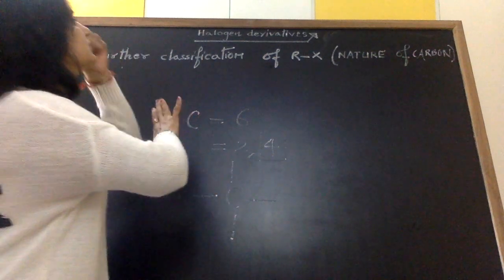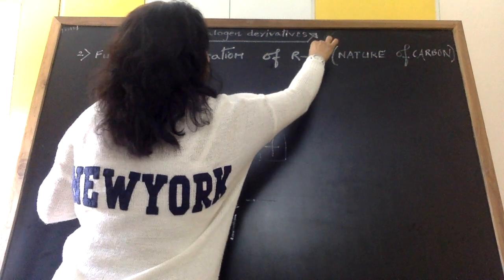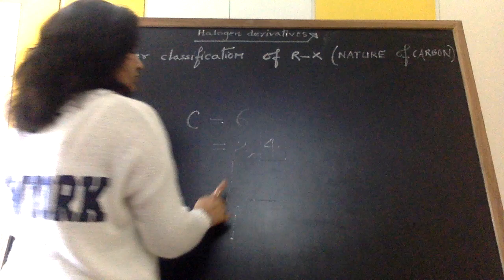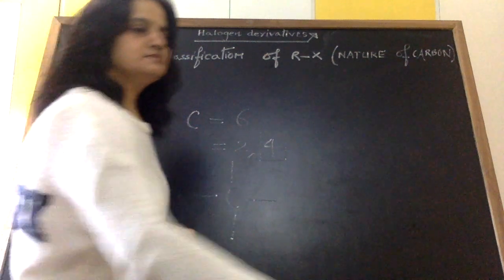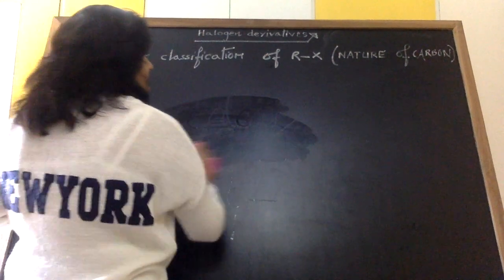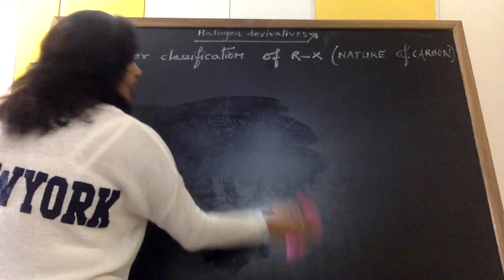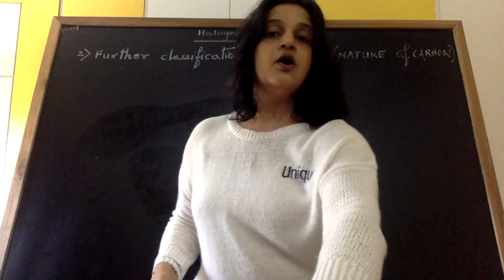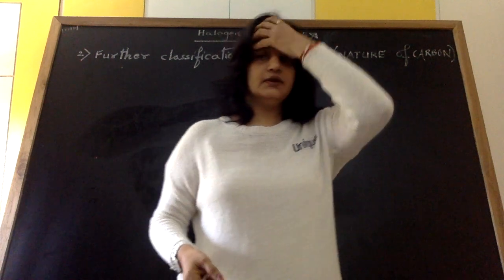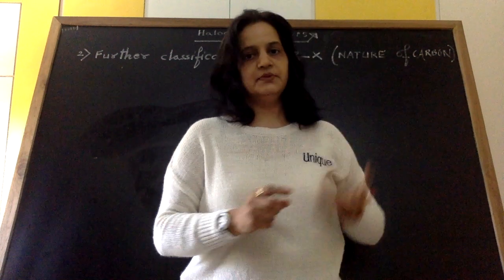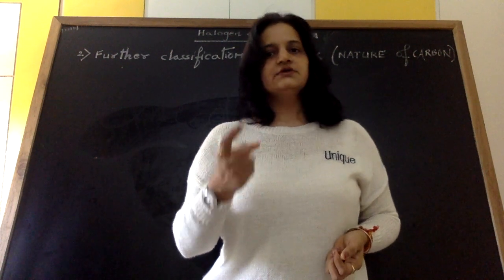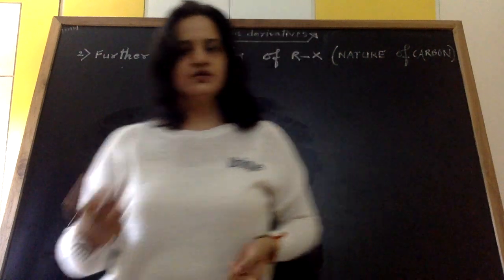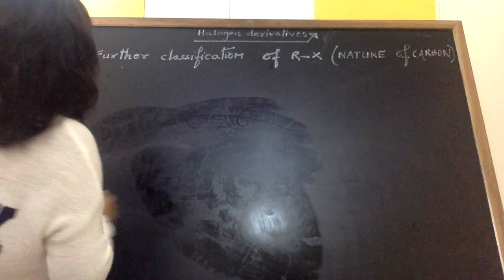So we will not have any halogen on a quaternary carbon. So on the basis of nature of carbon, how many types of alkyl halides will be there? We will have only 3 types: primary alkyl halide, secondary alkyl halide, and a tertiary alkyl halide.